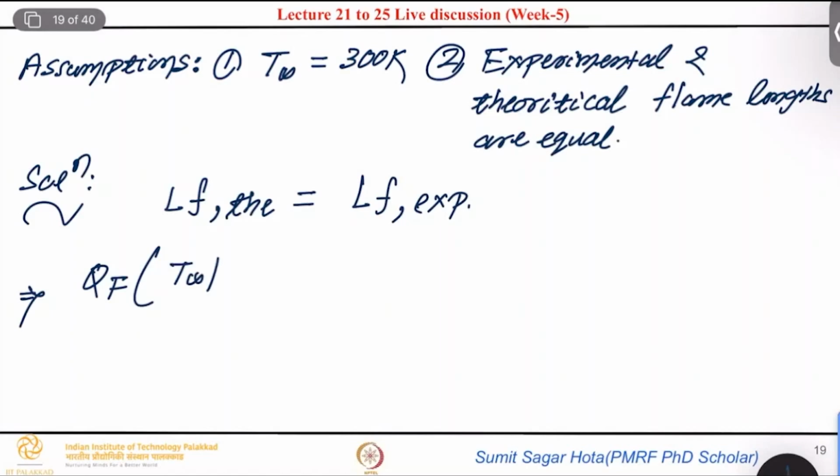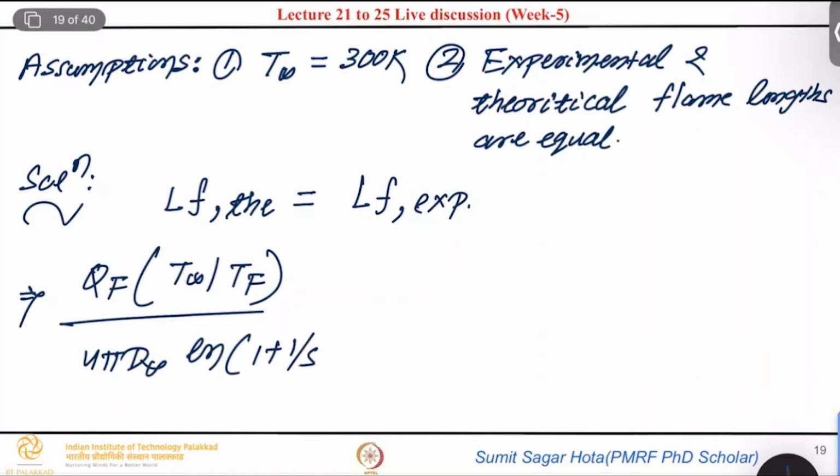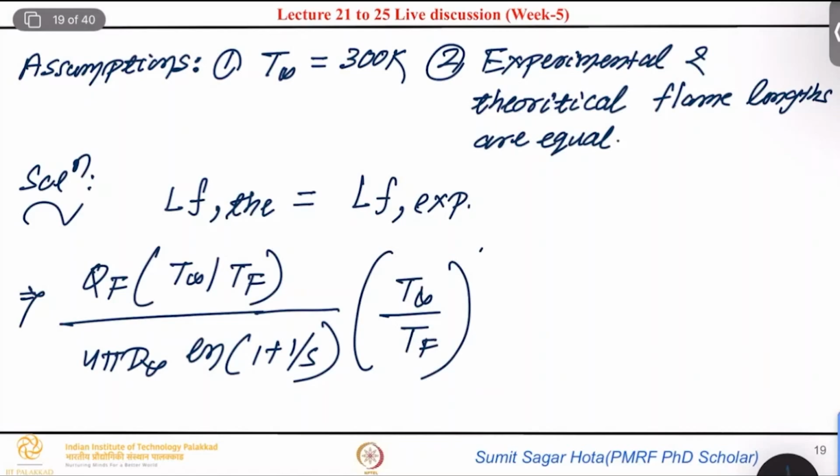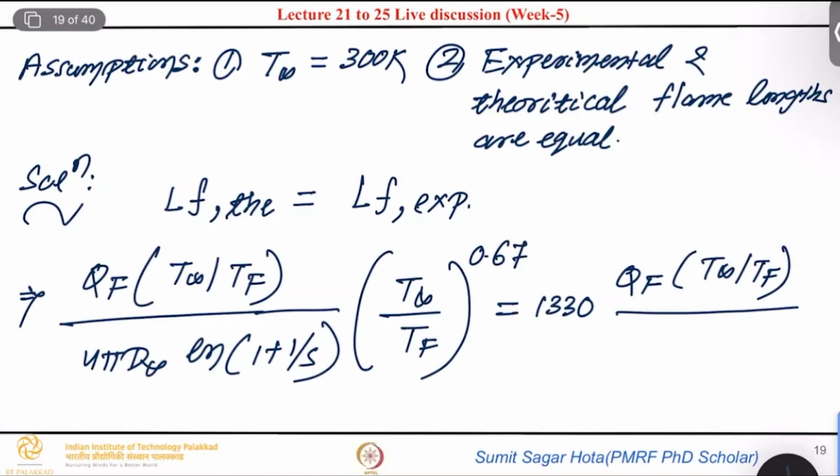QF T infinity by TF divided by 4 pi D infinity ln of 1 plus 1 by S into T infinity by TF to the power 0.67 is equal to 1330 QF T infinity by TF ln 1 plus 1 by S.